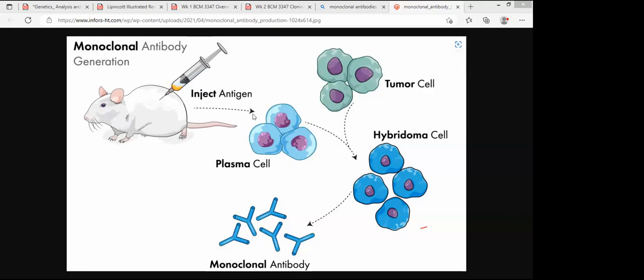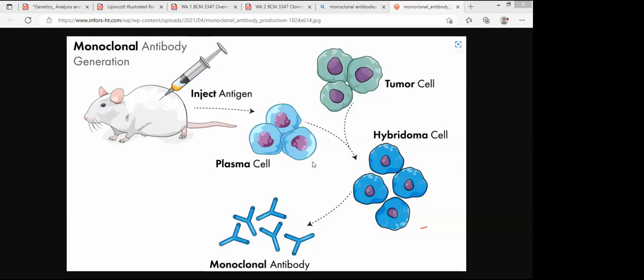So we merge these plasma cells with tumor cells, specifically myeloma cells. Why tumorous cells? Because they have an unlimited capacity of division. So we merge them together to form this hybrid cell, which we call a hybridoma cell.